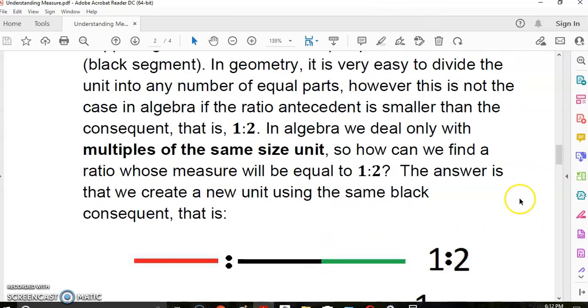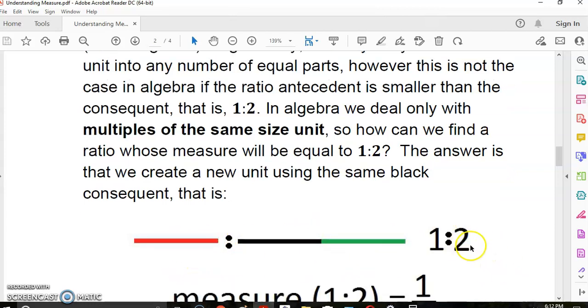If the ratio antecedent, as you see here, this red line, is smaller than the consequent, which consists of the black and green line, all these lines are of equal length, right? So in algebra, we only deal with multiples of the same size. So we have to give these parts names in the measure.